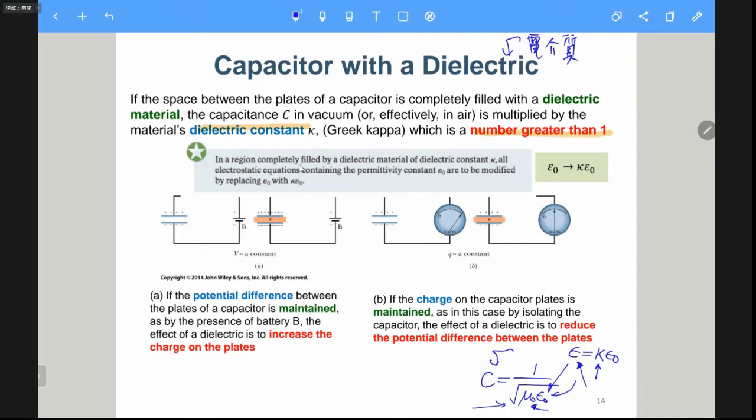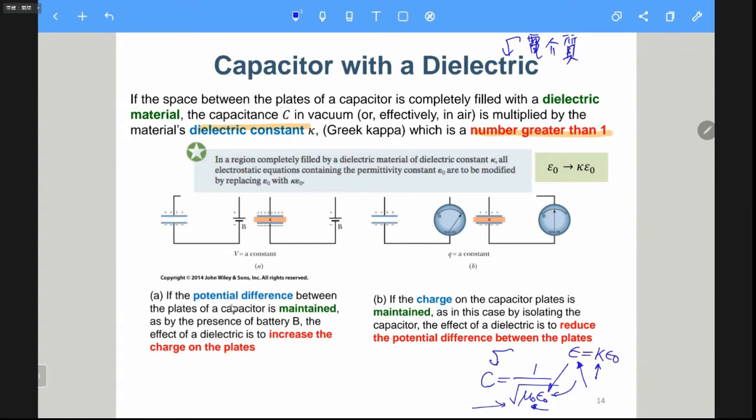So in a region completely filled by dielectric material, the electrostatic equations containing the permittivity constant epsilon naught are to be modified by replacing epsilon naught with kappa epsilon naught, which in some textbooks is written as epsilon only.